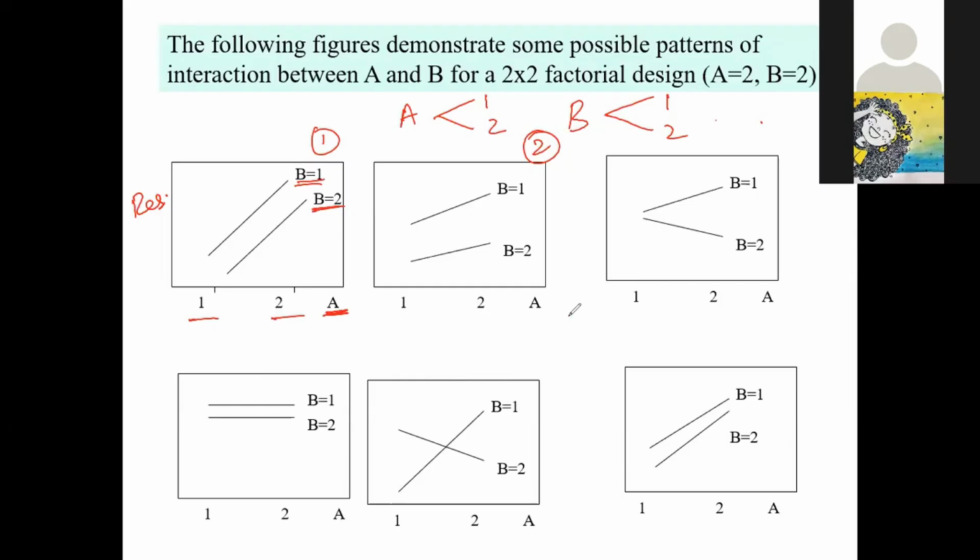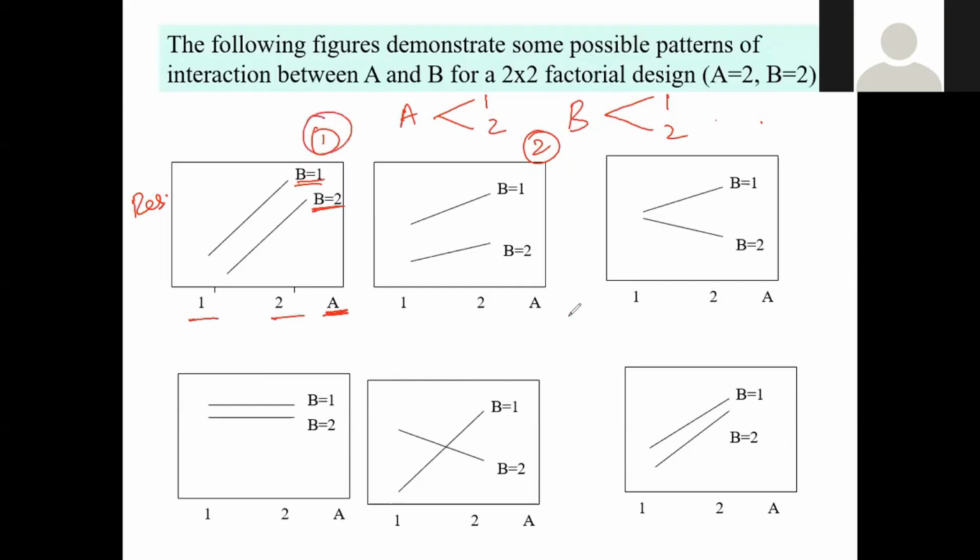For case 1, can we find out whether the interaction is significant? If you have a problem with the mic, you can answer in the chat box. Yes or no? That is the question: whether interaction is present in case 1.